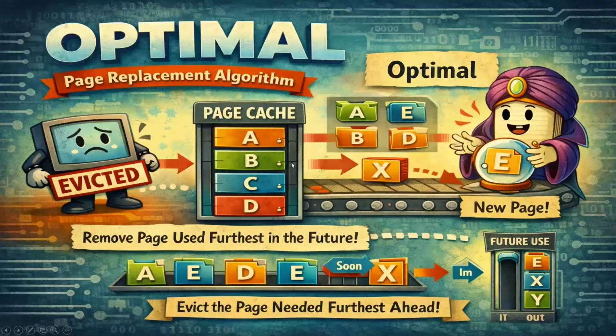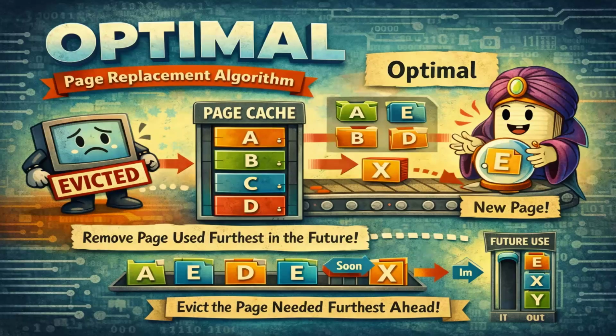Now the third algorithm is optimal. This is the most efficient algorithm, said by the majority of researchers. This algorithm uses future knowledge. It removes the page that will not be used for the longest time in the future.